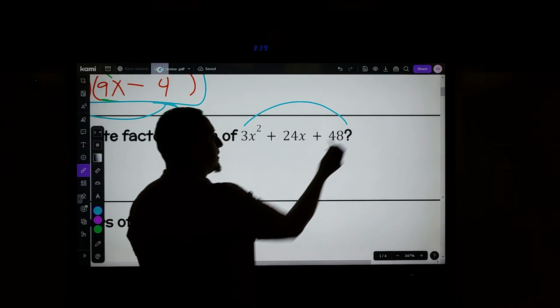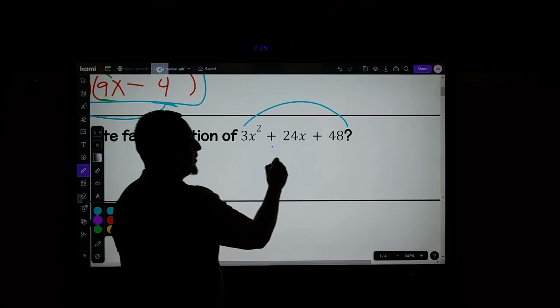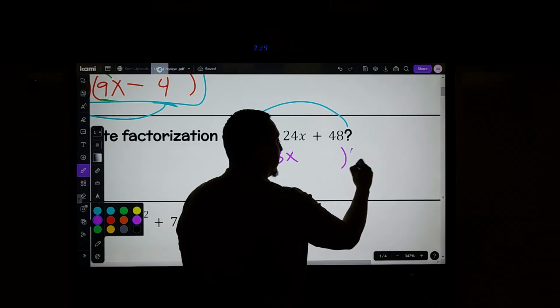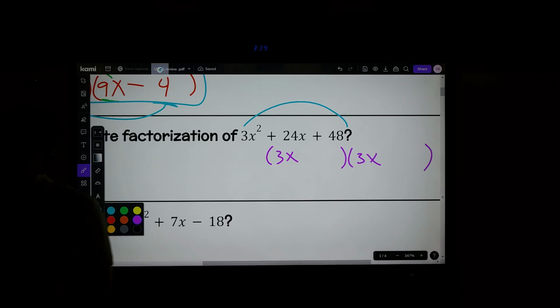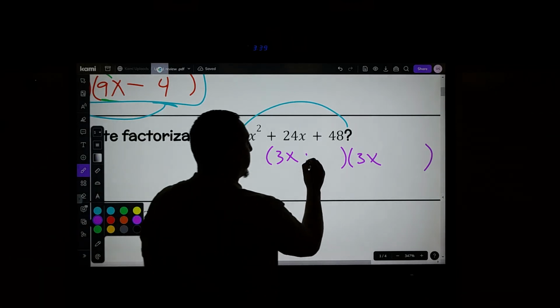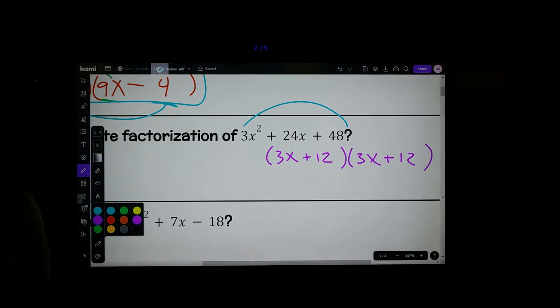If you did this, you got 144, and so you would have got 3x and 3x. And to multiply to 144 and add to 24, it would have been 12 and 12, which is fine, no big deal right there, right?